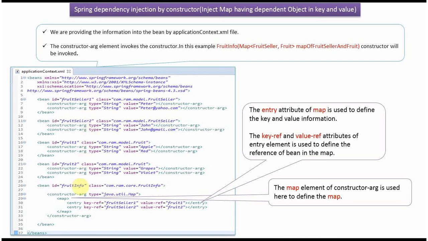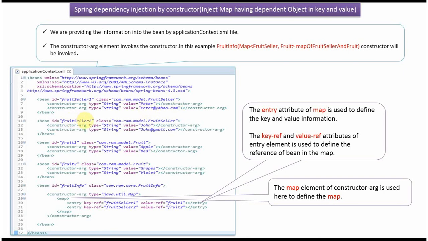This is a Spring configuration file. Here we have specified, using constructor dependency injection, that the Spring container should create fruitSeller1 object, fruitSeller2 object, fruit1 object, fruit2 object, and fruitInfo object. FruitSeller1 object name should be Peter and email ID should be peter@yahoo.com.